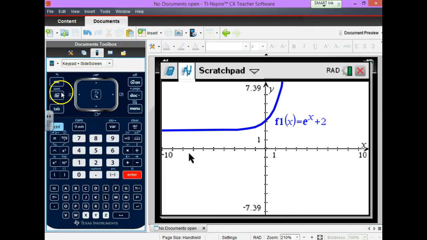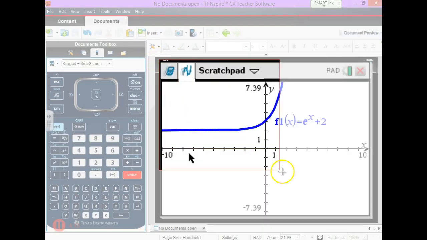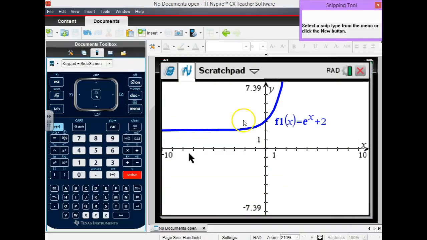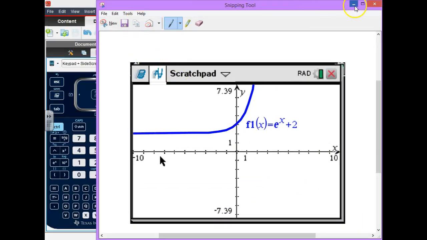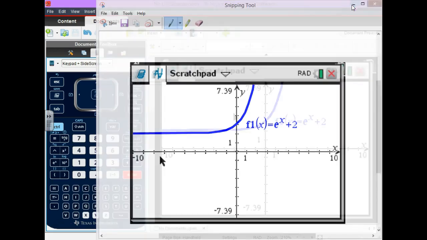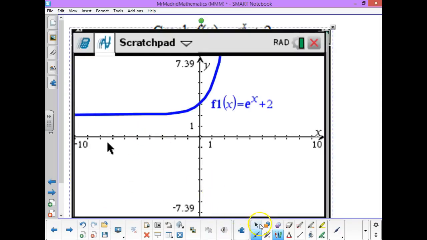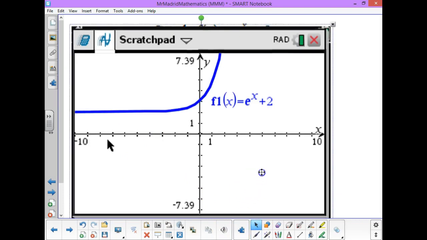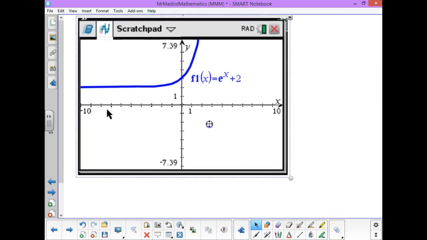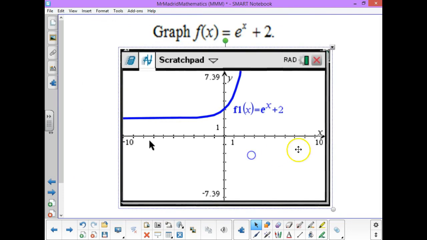And of course, if you're asked to provide an image, you can just draw it out, but you do want to pay attention. Let me make a comment here: the parent function e to the x looks like this.